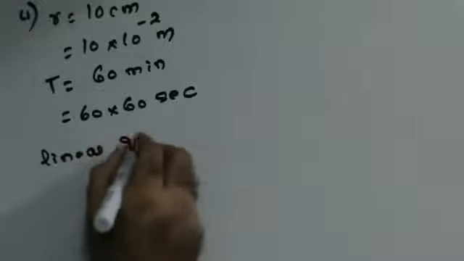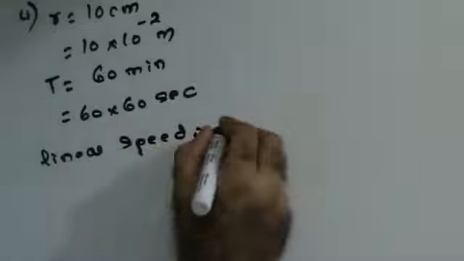Now since this is minute hand, the time covered by a minute hand is 60 minutes. In one revolution it covers 60 minutes, that is 60 into 60 seconds. Right? Now I can say that linear speed is going to be distance upon time.